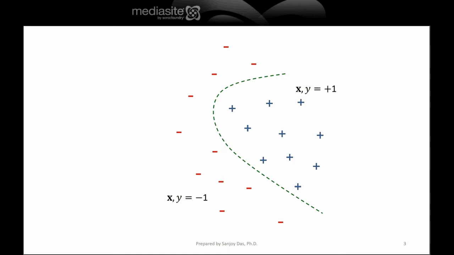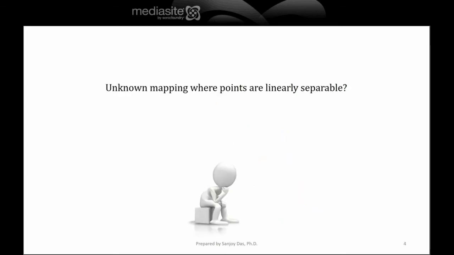We do have a clear region of negative points whose labels are -1, and another region of positive points whose labels are +1. Unfortunately, there is no straight line or a hyperplane in general which can divide the plus points from the minus points. So what if there is an unknown mapping where points are linearly separable?